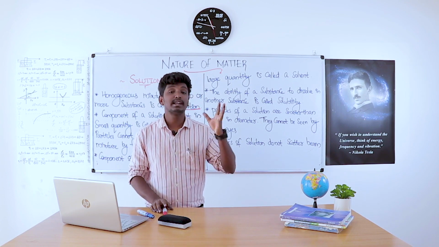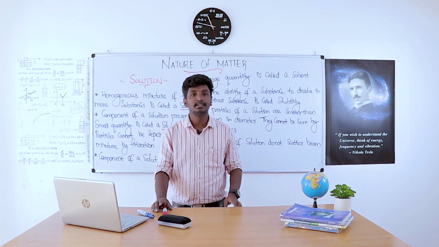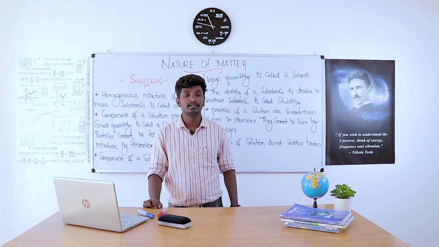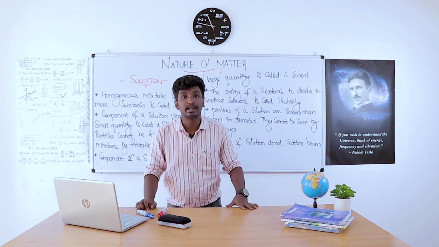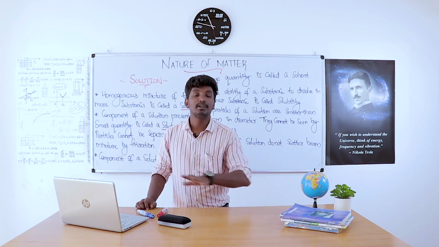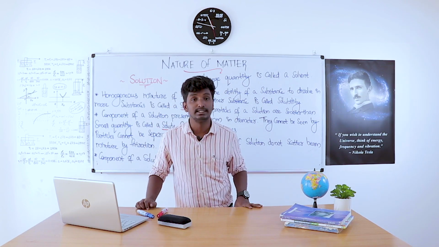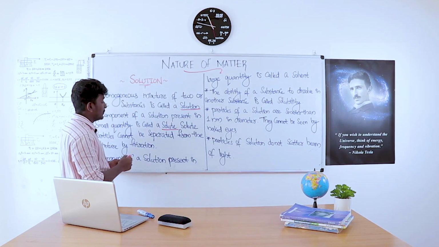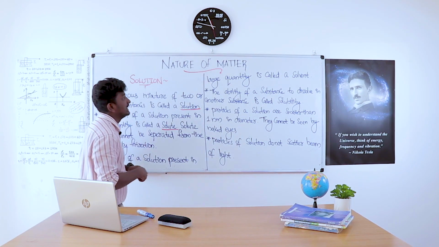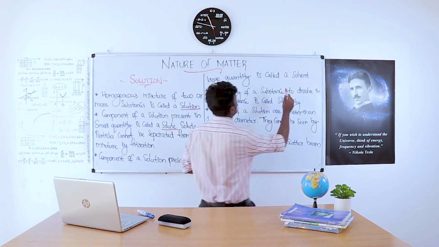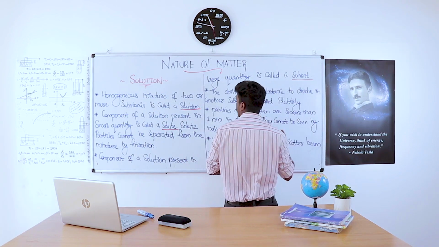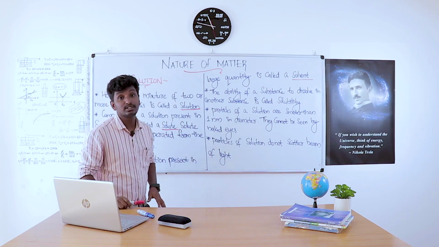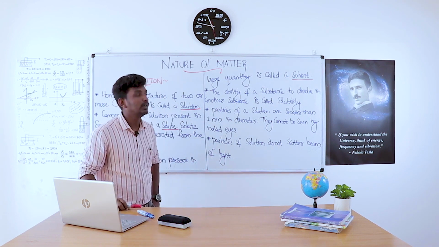Or in a salt solution, salt is the solute and water is the solvent, and we cannot separate the salt from the solution using filtration. Then the component present in large quantity is called a solvent.